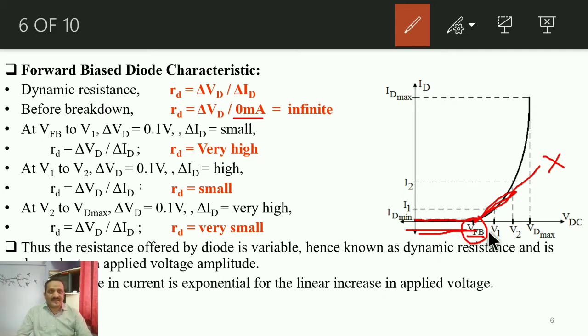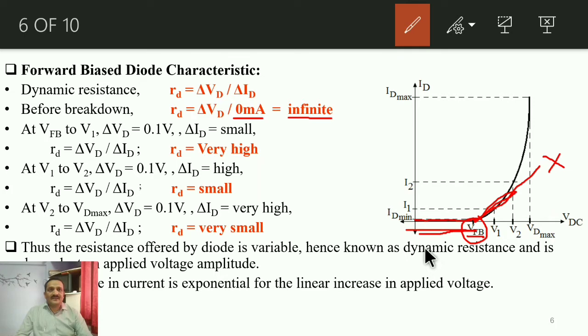We have to find the resistance offered by that diode, which we call the dynamic resistance, equal to delta VD by delta ID, the change in voltage with respect to the change in current through that diode. If the applied voltage is between 0 and less than VFB, delta ID will be 0, no flow of current. In that case, how much will be the value of RD? As delta ID is 0, it will be infinite.